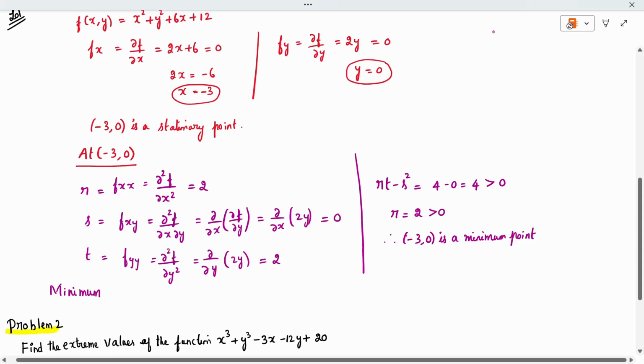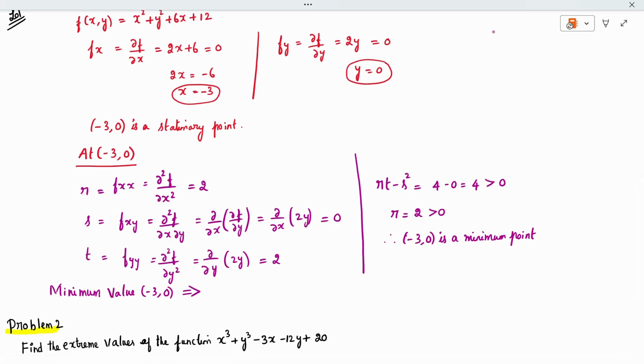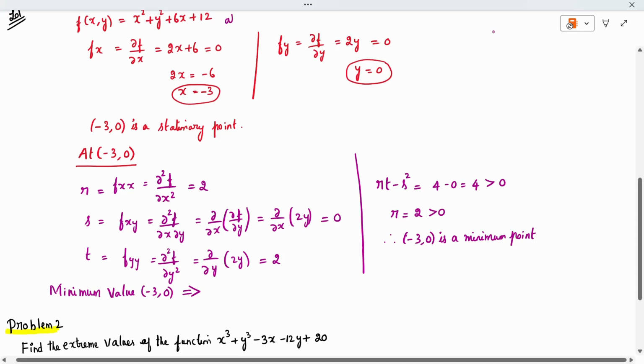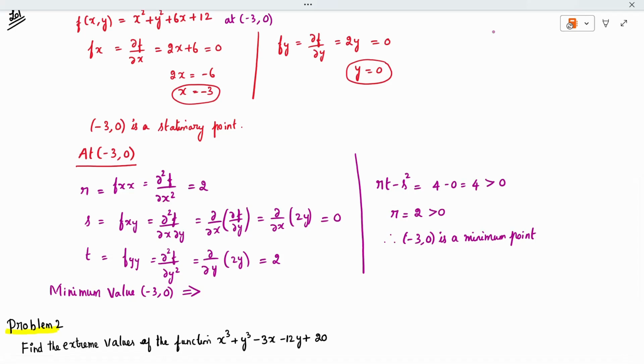What is our minimum value? The corresponding point minus 3 comma 0, substitute in the given question, and we will get the minimum value. When I substitute, minus 3 the whole squared, plus 0, minus 18, plus 12.